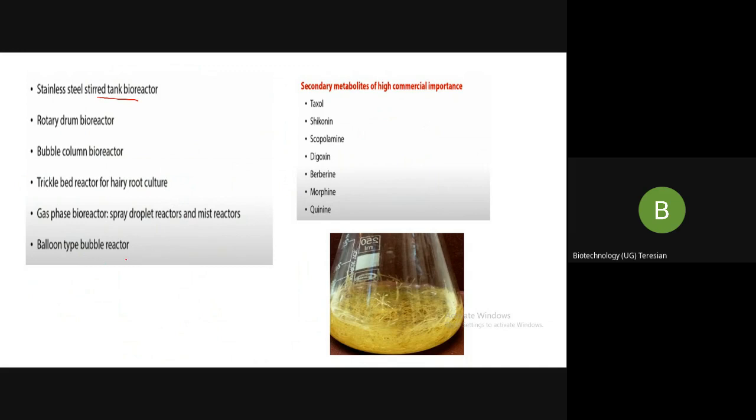Now just imagine how many bioreactors there are. Why are there so many? Because there are so many products you can produce, and you can't use only one bioreactor for producing all the metabolites. You have to change some of the parameters in your bioreactor so that you get the decided products.